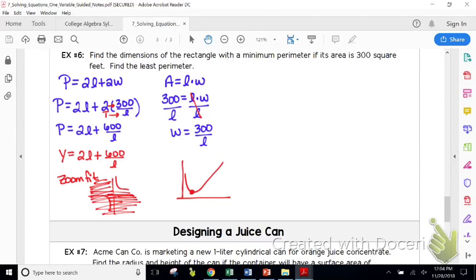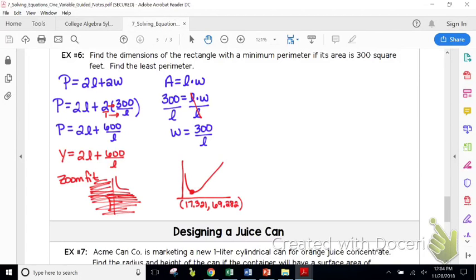So I'm going to go about halfway through my screen. Alright, you should get that ordered pair. So check and make sure that you do.